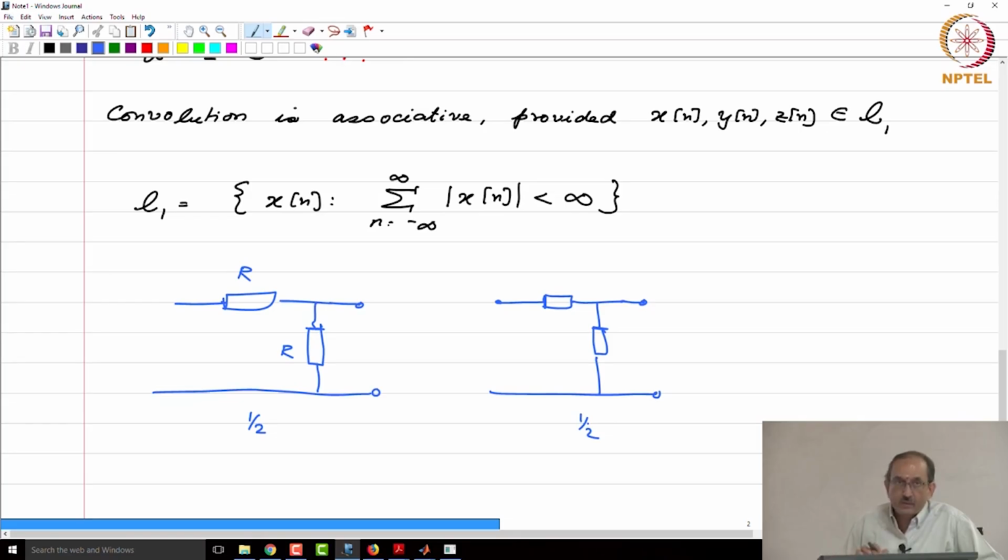If you cascade these two systems, what do you expect the overall gain to be? This is an easy answer. It will be 1 by 4 is what you expect, right? What is the assumption under which the overall gain is 1 by 4?